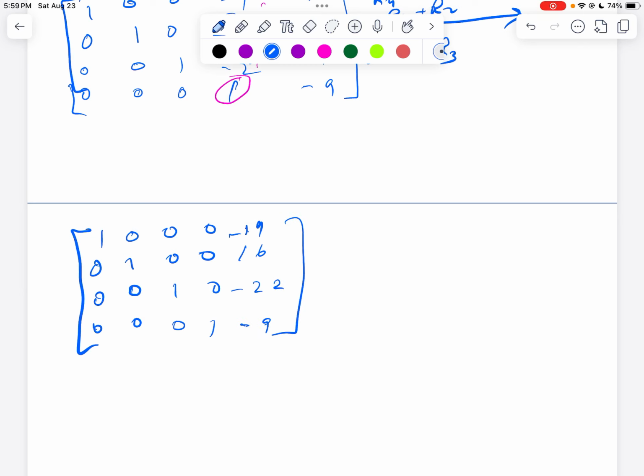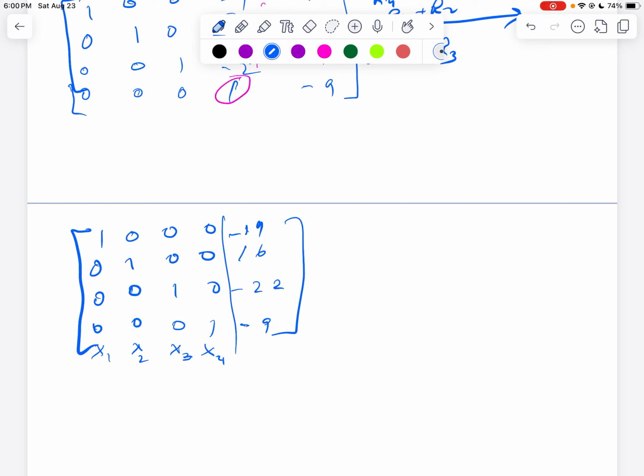So remember, this was the column for the b's, and then this one is the variable coefficients of these variables.